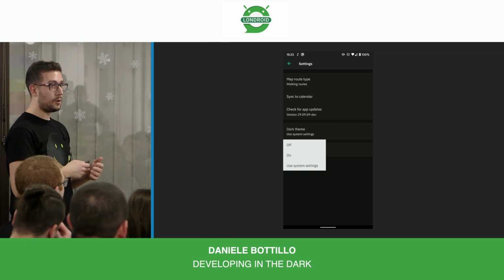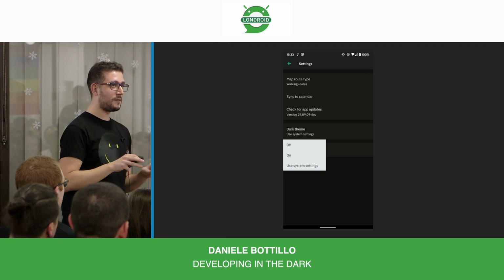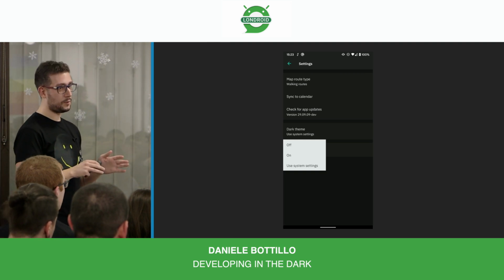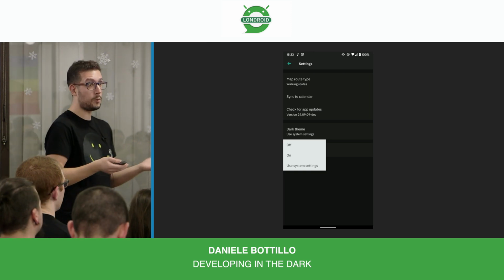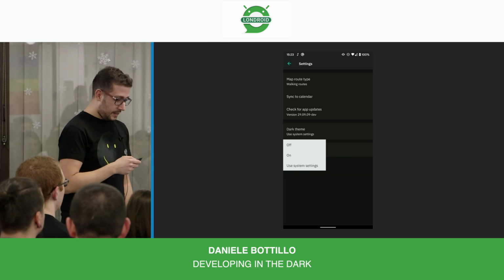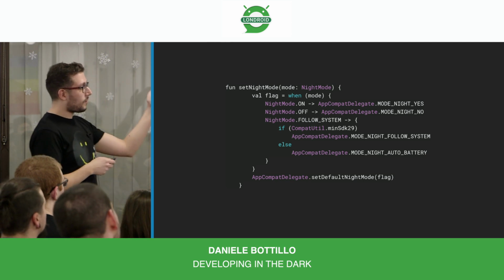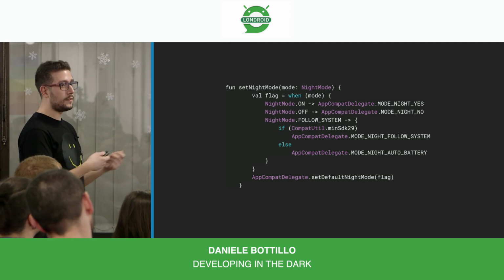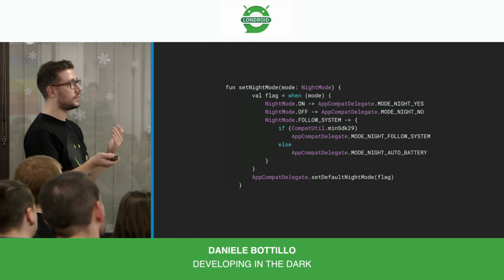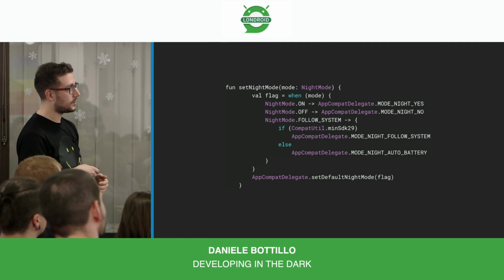And it will actually work. I don't think it works across all manufacturers, but it definitely works on Pixel phones. So before Android 10, if you put your battery save mode on, it will actually work. Cool, and this is how you can tell the system, hey, I want to set night mode on, off, or following the system, or the auto battery option.